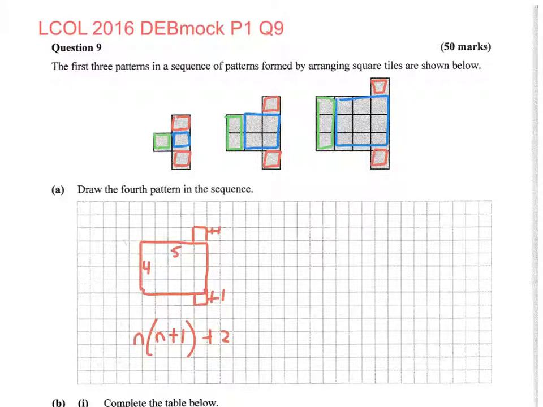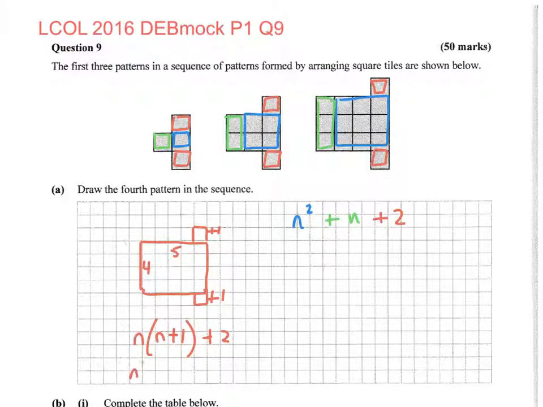So we can imagine that my square, 1 squared, 2 squared, 3 squared is n squared. I have the 1 by 1, 1 by 2, 1 by 3 is basically adding on one lot of n, and I'm adding on 2. And that's another way of imagining the pattern.